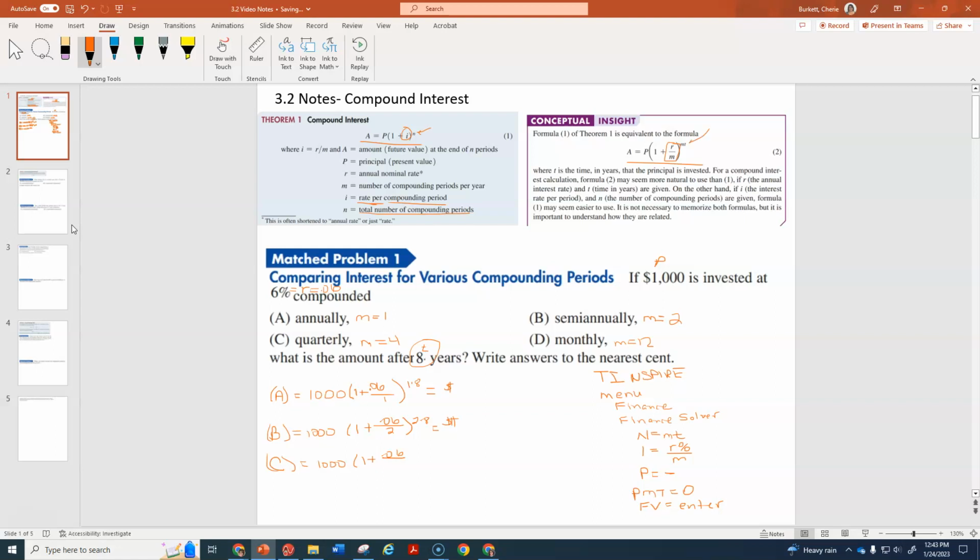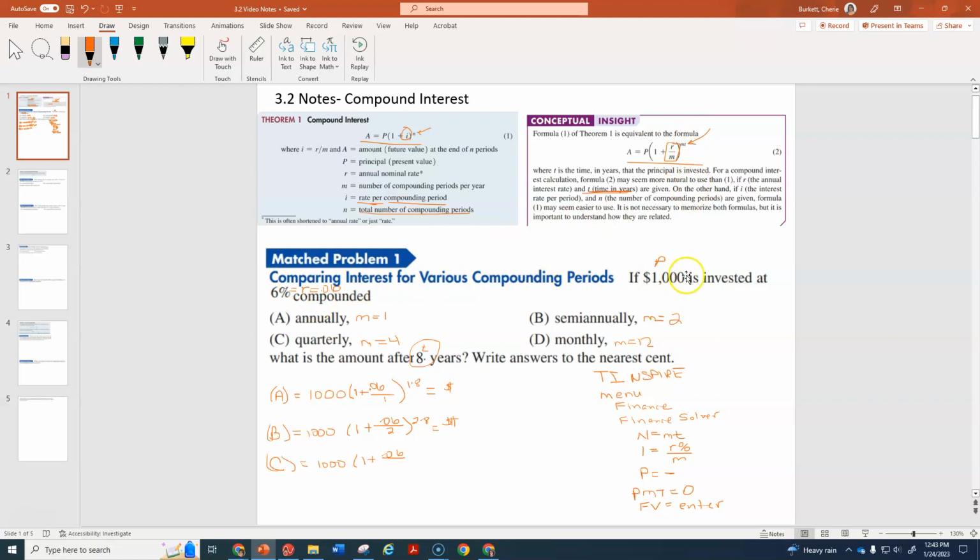That's going to have to be calculated, and you're going to calculate it by taking the number of times it's compounded times the number of years that you have it, because it tells you right here that T is time in years. So these are just two variables, but they're never going to be information that's just given to you in the problem. The I and the N are never given to you in the problem. They're always going to have to be calculated, and here's how you're going to calculate them.